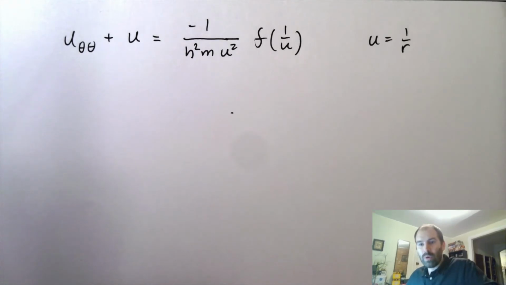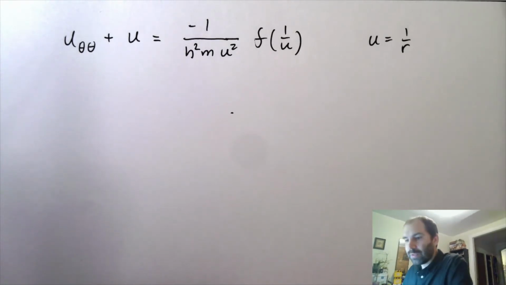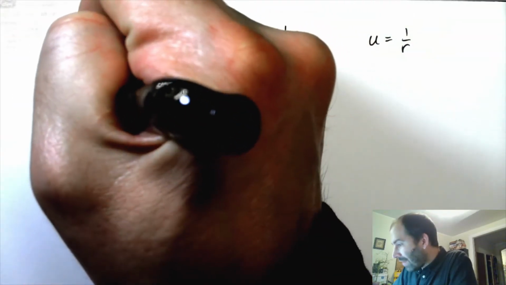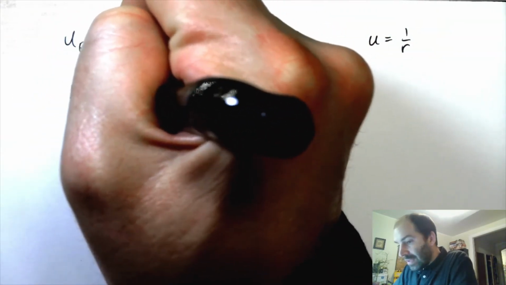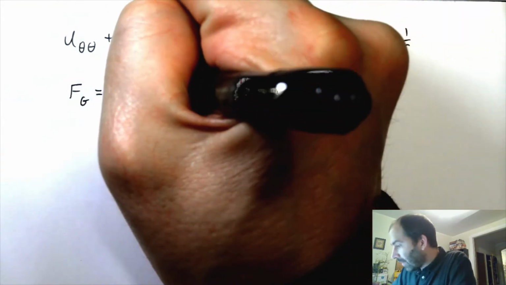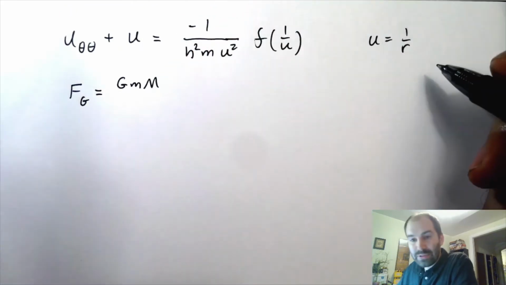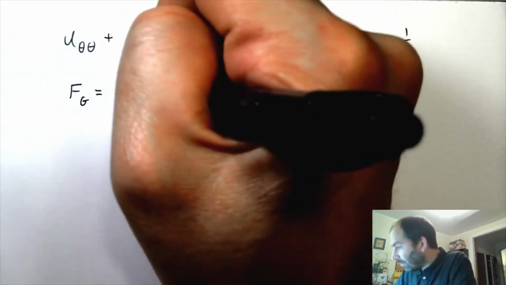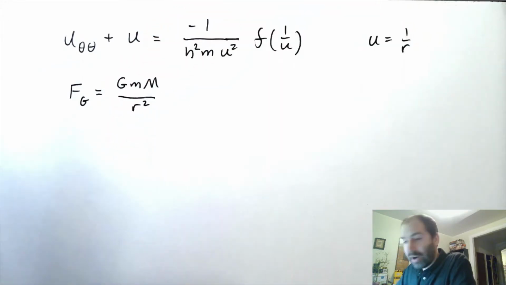So what we're going to do here is look in a physics book and realize that the force due to gravity is given by the gravitational constant multiplied by the product of the masses of the two objects involved, maybe the sun and the earth, divided by r squared.